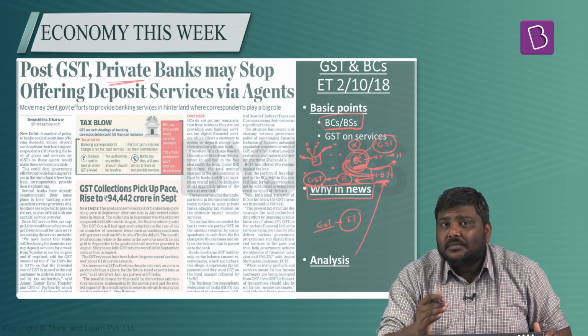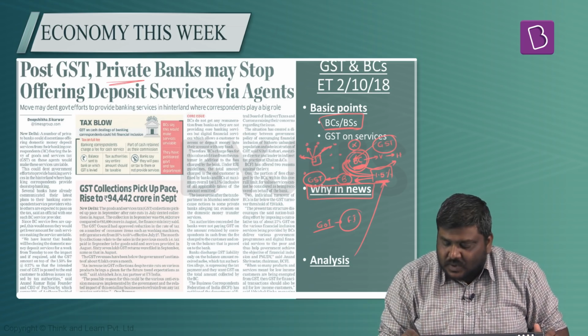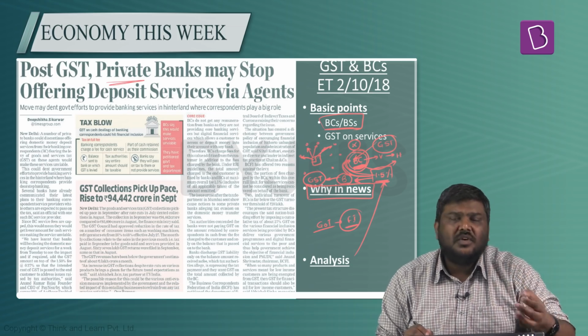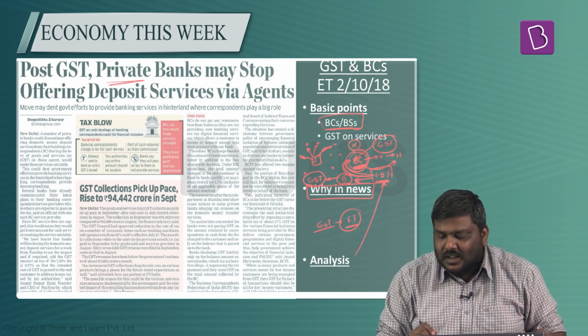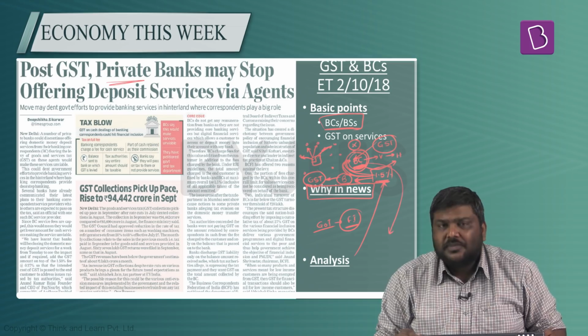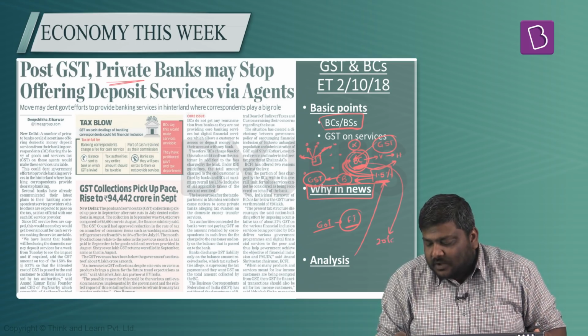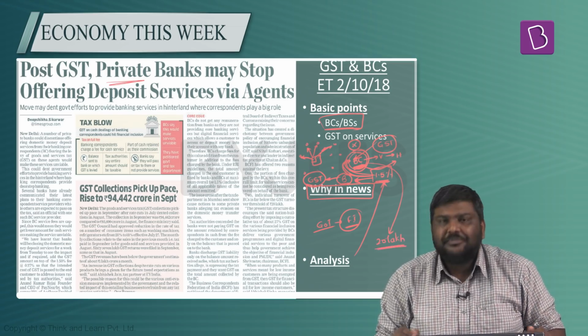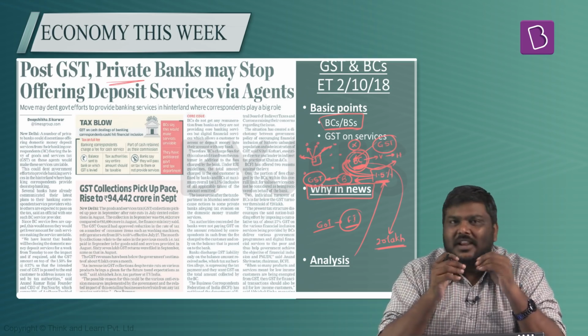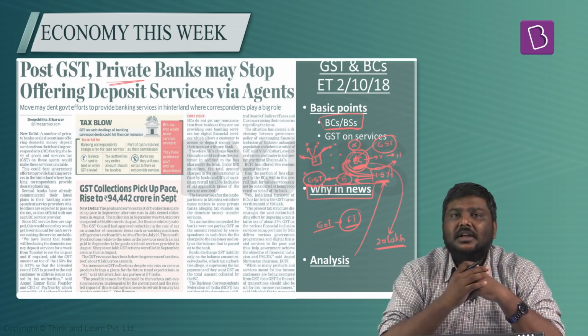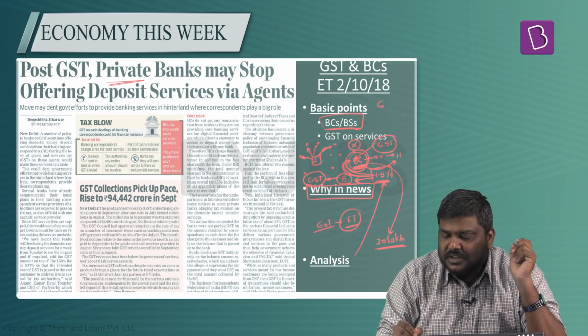And if they stop serving rural India, this will affect the financial inclusion goal of the Government of India. Second, the banking correspondent units do not earn more than 20 lakh rupees per annum. And since they don't earn 20 lakh rupees, they are well within the exemption limit under GST.